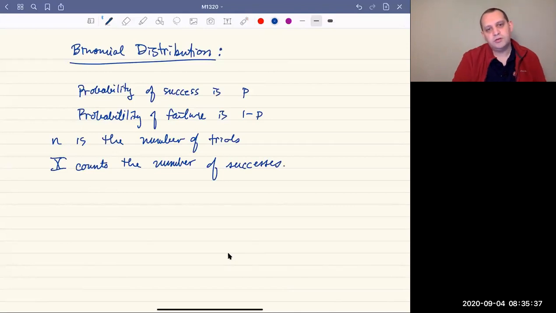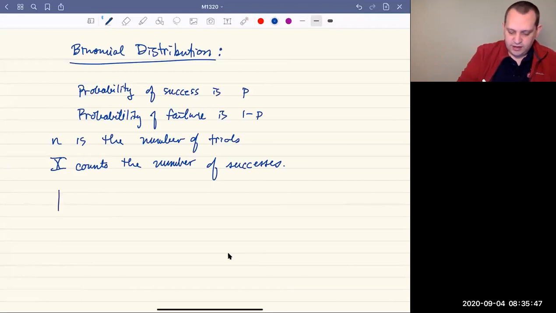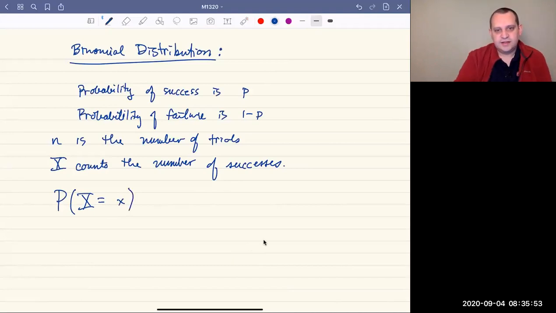And then what we want to do is come up with a formula for how we figure out the probability of, say, little x successes out of N trials. So let's say we want the probability of there being exactly little x successes.